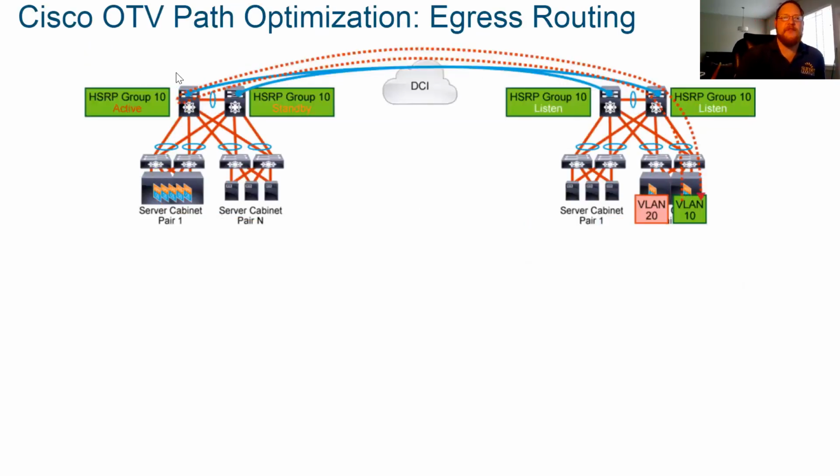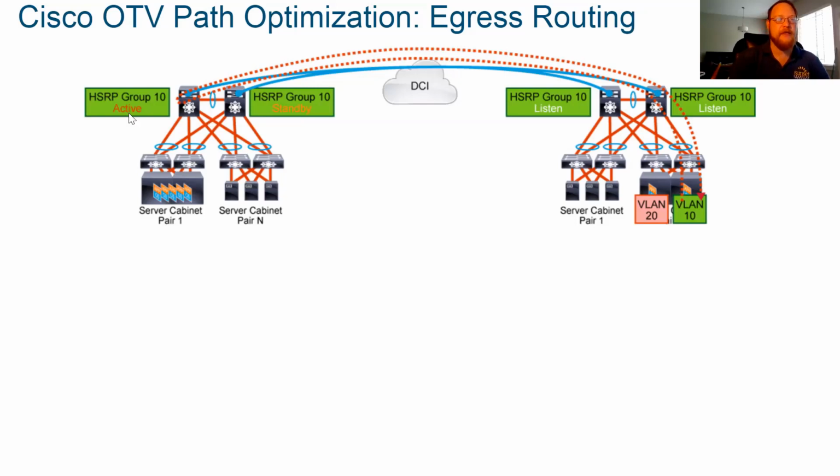Excellent. So path optimization with HSRP groups. Yeah, we support Hot Standby Router Protocol. But here's the thing. If you just set up HSRP, remember, they're multicasting across here. They allow multicast. I didn't say anything about broadcast. I said multicast. So if you set 4 of these devices up for multicast, they're going to multicast to each other.